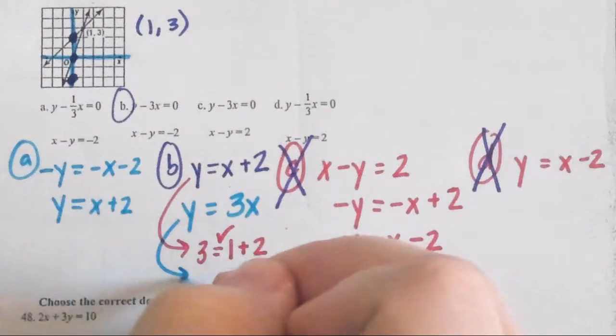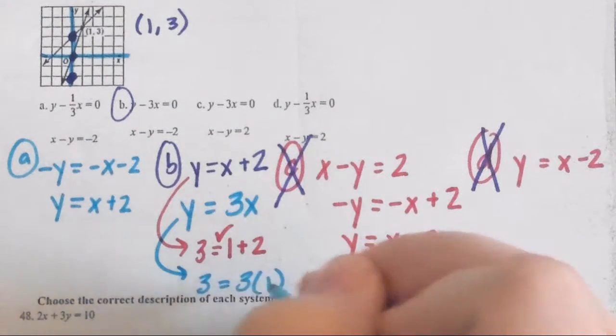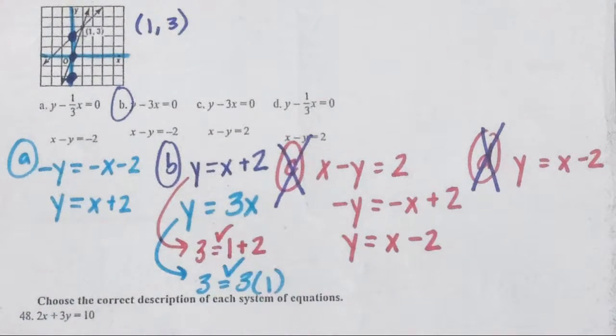As for our second equation, if we plug in y is 3, x is 1, does 3 equal 3 times 1? Yeah, that's true. So the only equation where it will be true for both has to be the answer. If we plugged in all the others, I bet one of those statements would end up being something crazy like 3 equals 5. That's not true. So he gets a point for that.